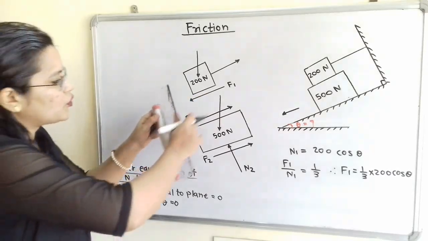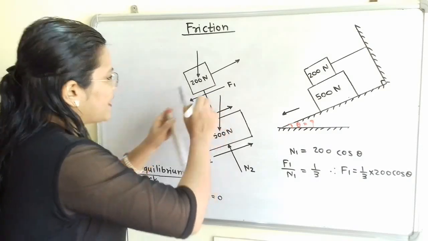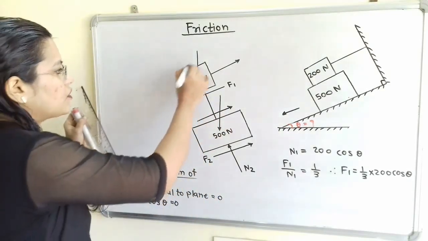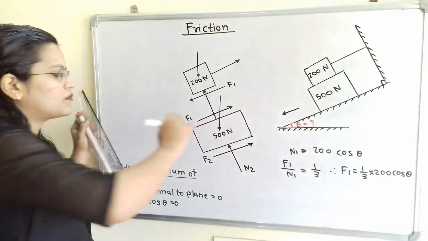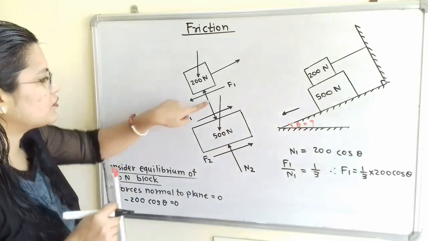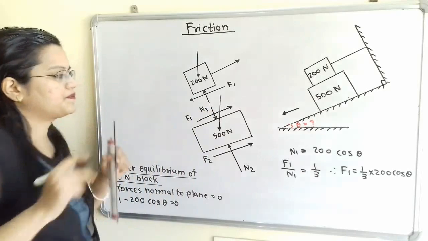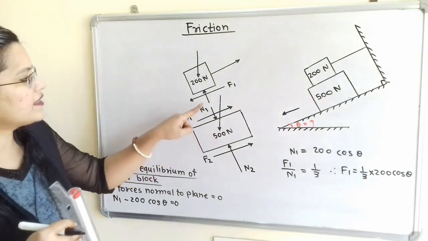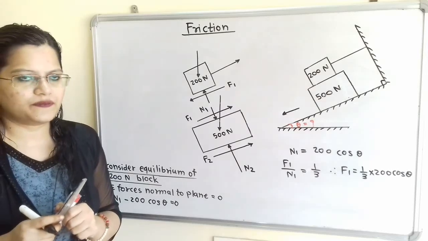So we have to show normal reaction N1, with the direction towards the block. That is, for the 200 Newton block we show the direction towards the 200 Newton block, and for the 500 Newton block we show the direction towards the 500 Newton block. So this is N1 for both, and the magnitude is the same but the direction is opposite.